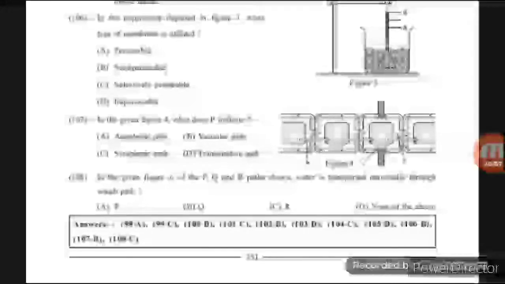Now in water potential, when the cell is fully turgid, water does not enter inside.